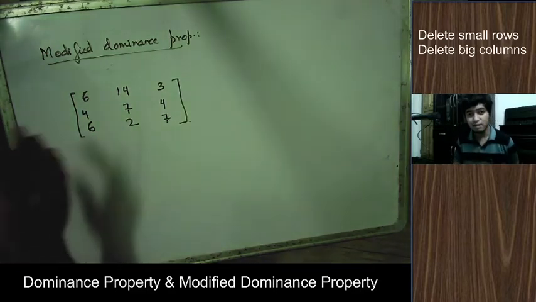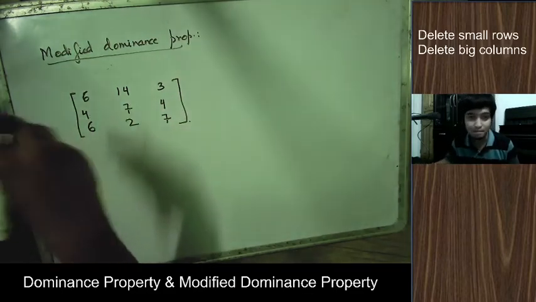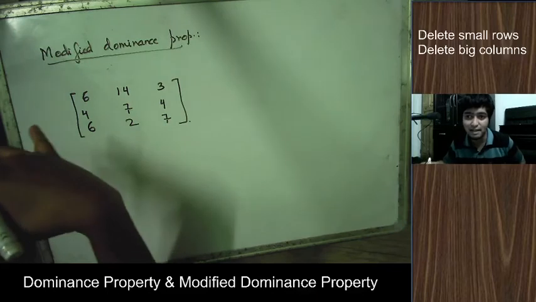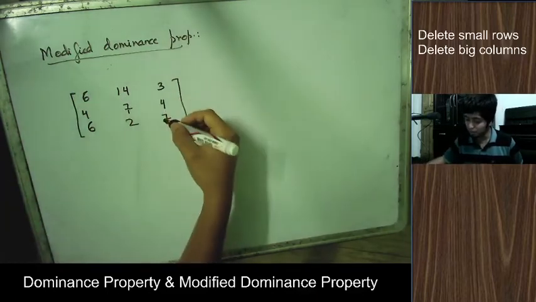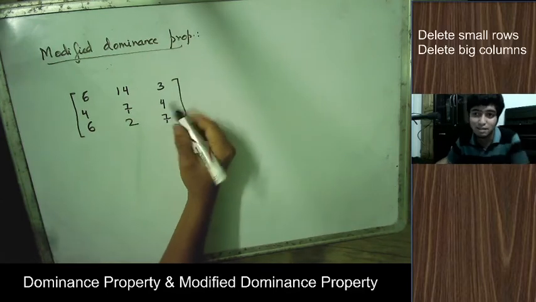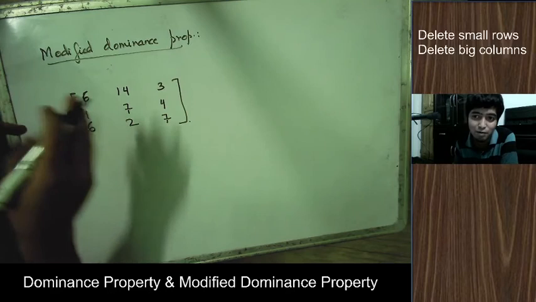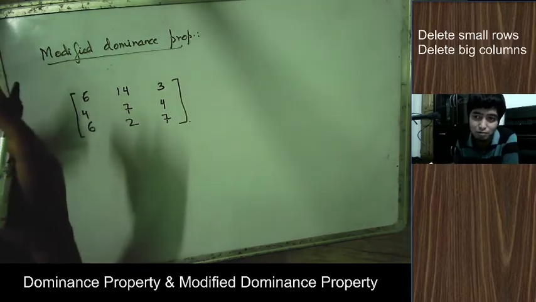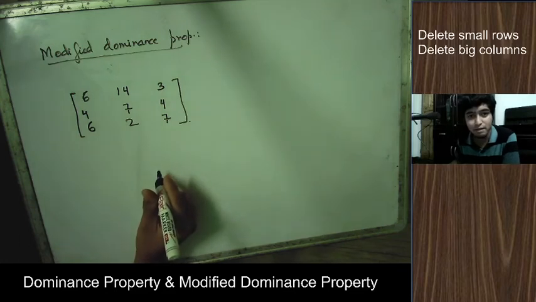If you see over here, maybe you can use or maybe you cannot use the dominance property, but what I am sure of is that I can use the modified dominance property. The modified dominance property is actually more difficult to implement because you are looking at more than 2 rows at once, or more than 2 columns.